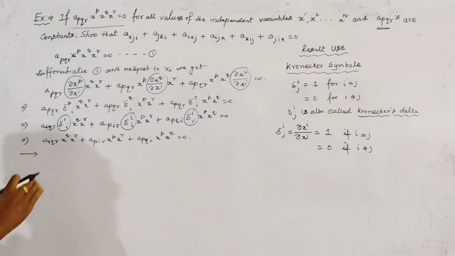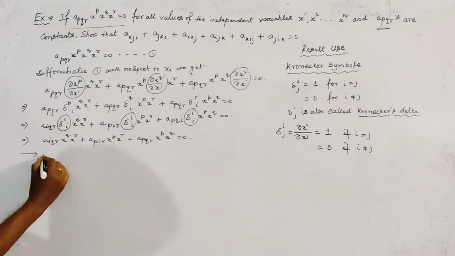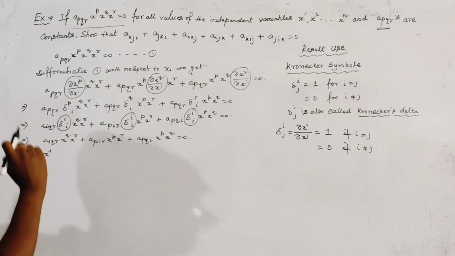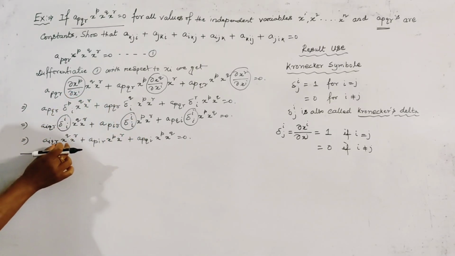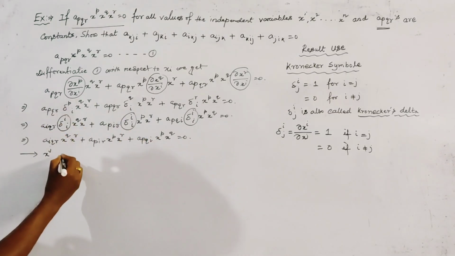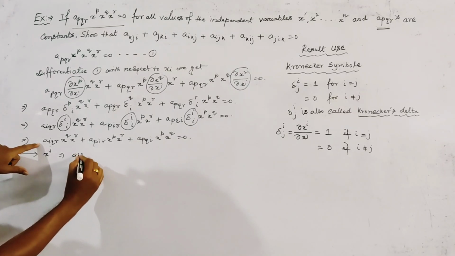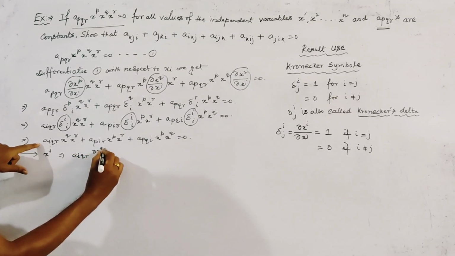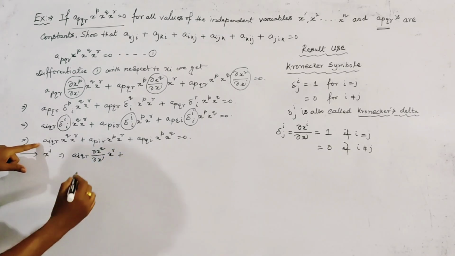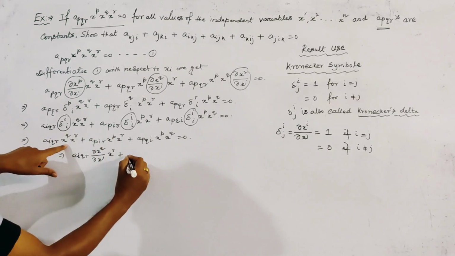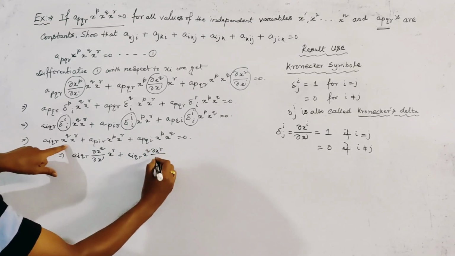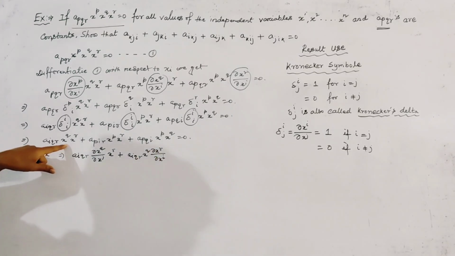Now we differentiate this relation with respect to xj, and we get 6 terms here, because from each of the three terms we get 2 terms. So we get a^{IQR} del xq by del xj times xr fixed, and from this we get the second term a^{IQR} xq fixed and del xr by del xj.